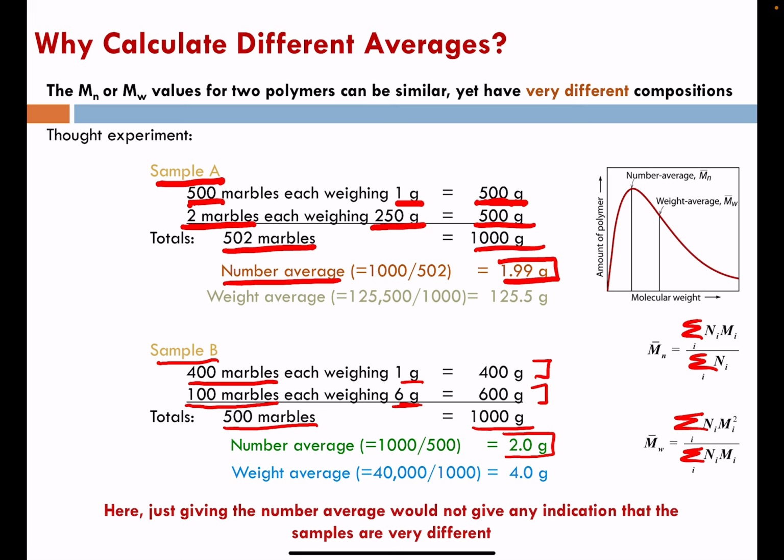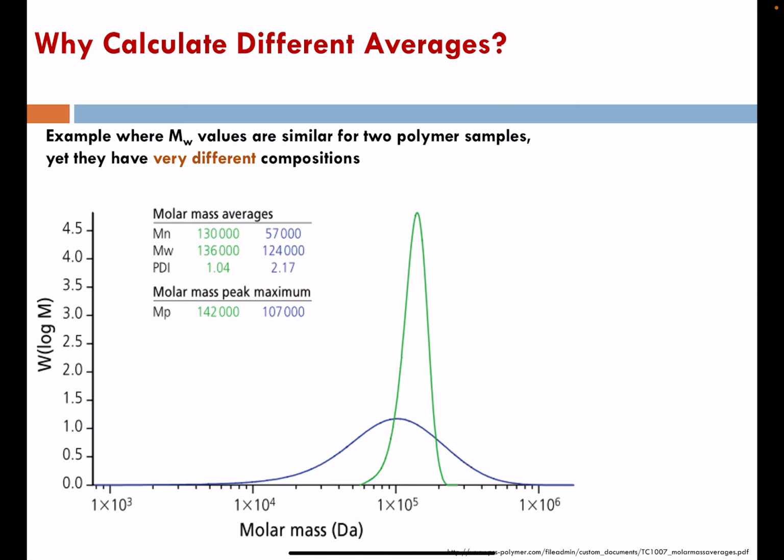The weight average values really emphasize the high-end subset in sample A. Weight average mass here is 125.5 grams versus a value of 4 for sample B. So clearly there is value in using 2 different metrics to report the profile of molecular weight distribution in a particular sample. Here's some actual data showing that. Again, we're on a log scale for the molecular weight, and here we see the molar mass plotted.